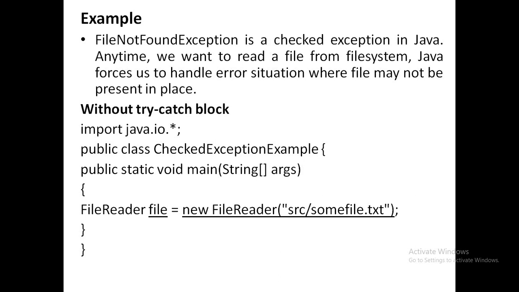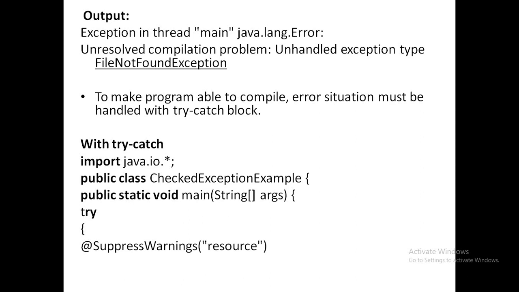Without a try-catch block, import java.io, and here a checked exception is being left unhandled. To make the program compile, the error situation has to be handled with a try-catch block.